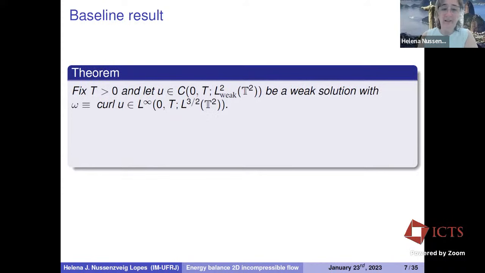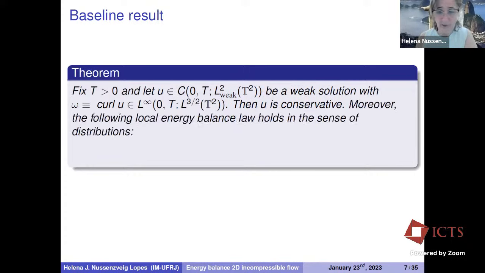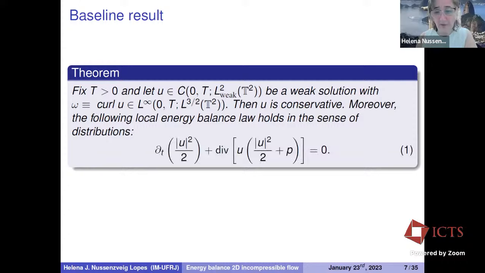Let me start with a baseline result. Namely, if I fix a finite time horizon and a weak solution whose vorticity belongs to L infinity in time, L3 halves in space, then such a weak solution is always conservative, with no regard to how it was obtained. Moreover, the local energy balance law also holds in the sense of distributions.